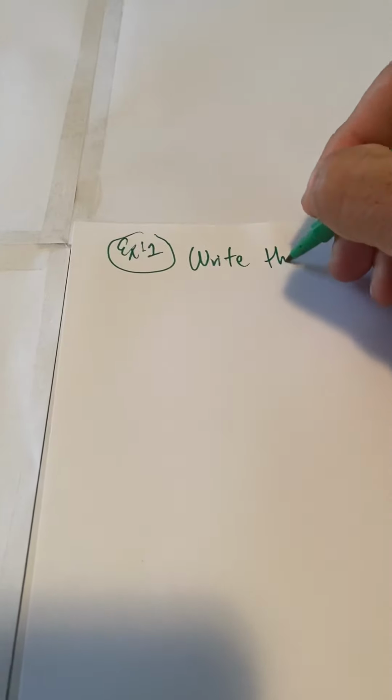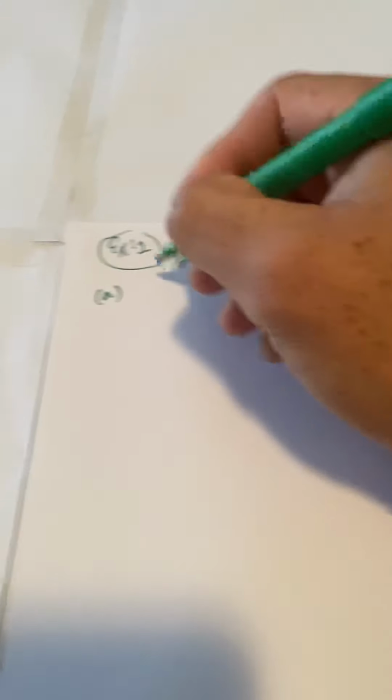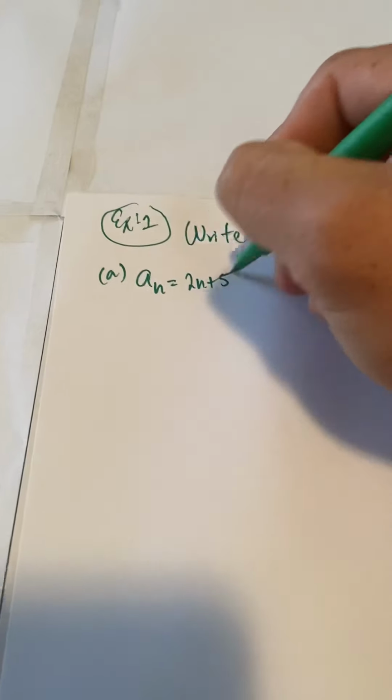All right, now I want to move into our new lesson in terms of examples. Example 1: write the first 6 terms of a sub n equals 2n plus 5.